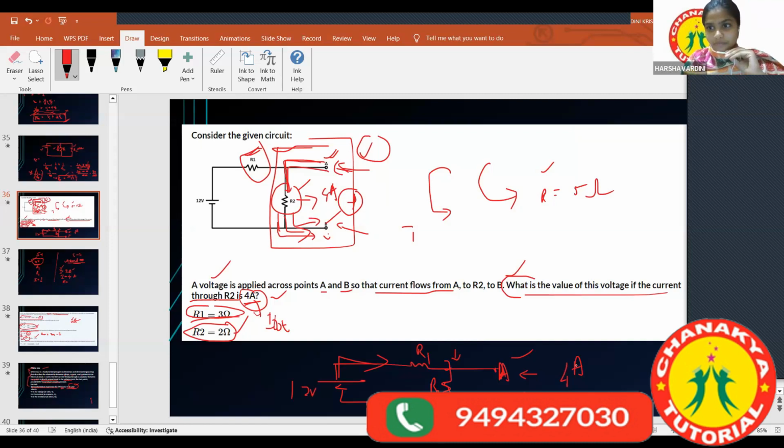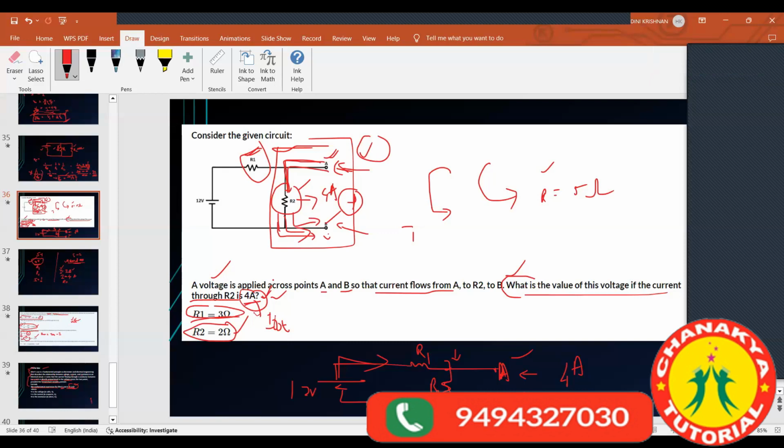Understanding now? Yes, ma'am. So we are giving an external voltage to the circuit through A and B. But before giving, already some current is flowing in the circuit, because the battery is there. So whatever 4 ampere they have given is not only the current because of our voltage, it's also the current because of the 12 volt battery and also because of our voltage.